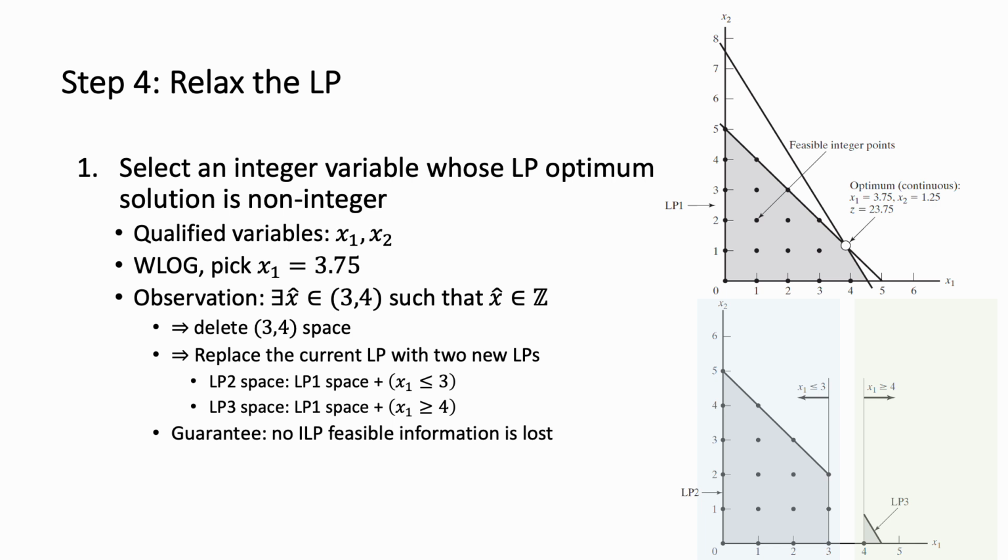We were able to remove or to branch out by removing this space here because we know that removing this does not harm our feasible region, because remember, we are only concerned with the integral values, and since we found no integers between 3 and 4, then it would be safe to remove this part without sacrificing our integer feasible solutions.